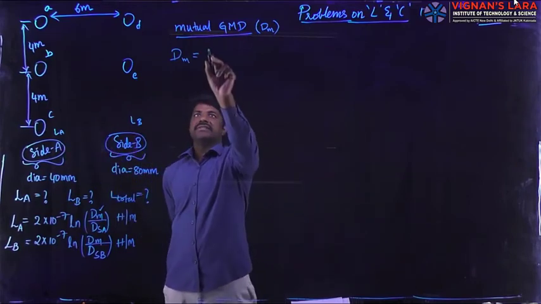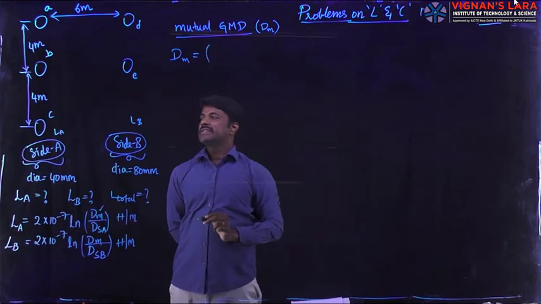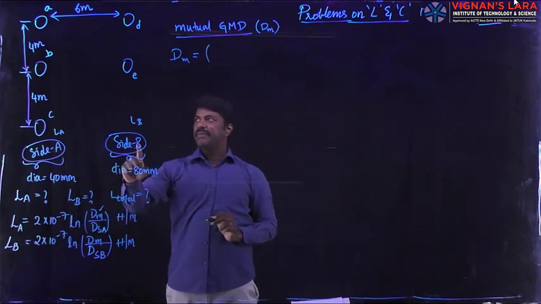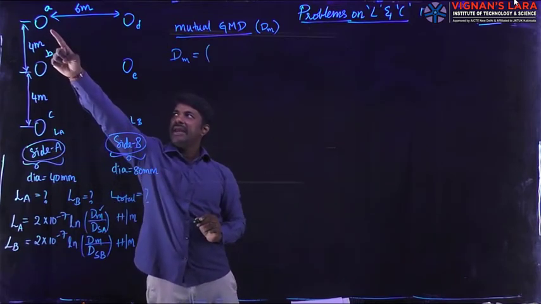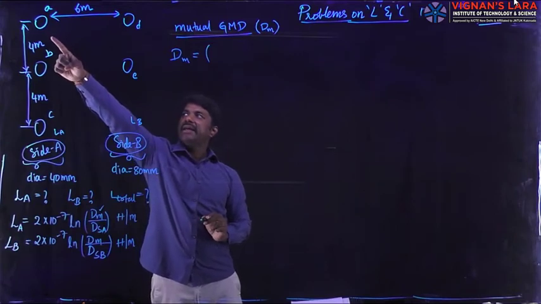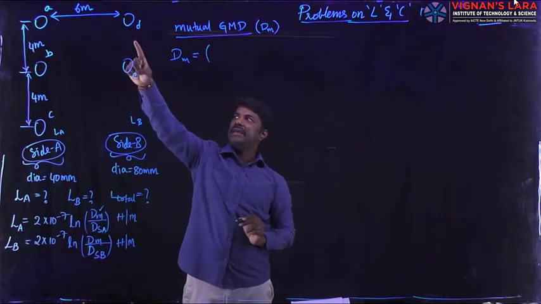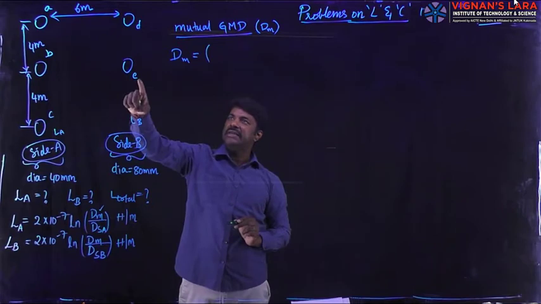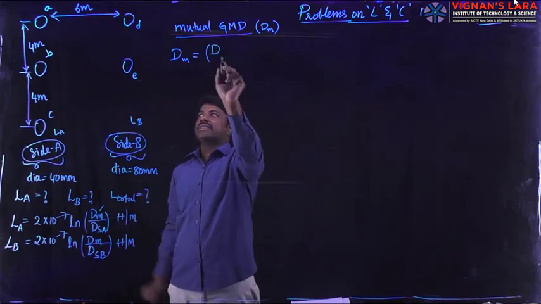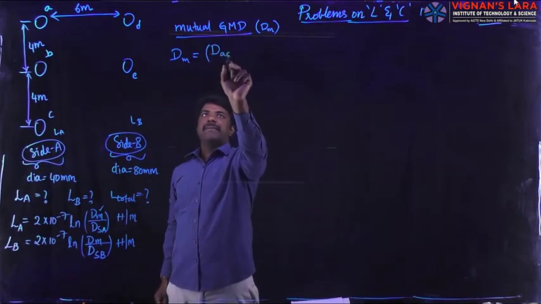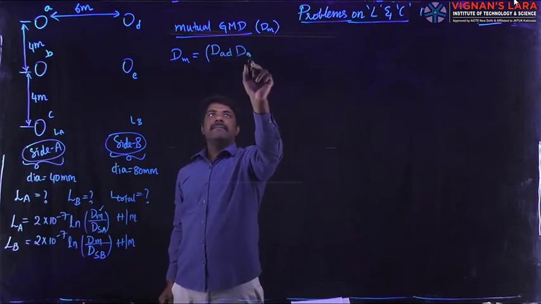B, the possible distances. What are the possible distances between side A and side B? With reference to conductor A, if I take inside A, then how far that conductor A is separated from the two conductors D and E. They are given as AD, next AE.